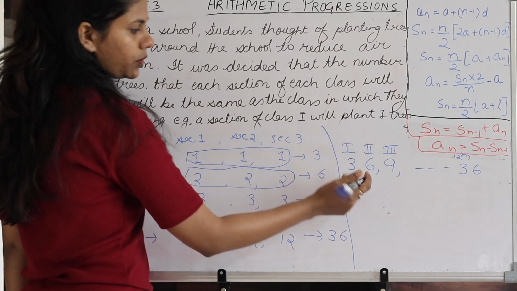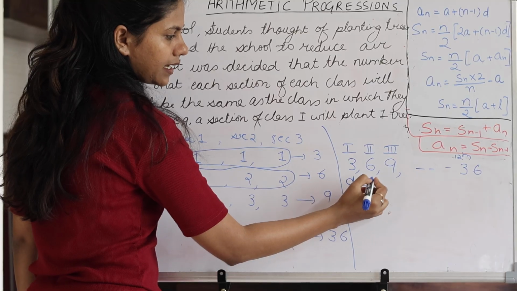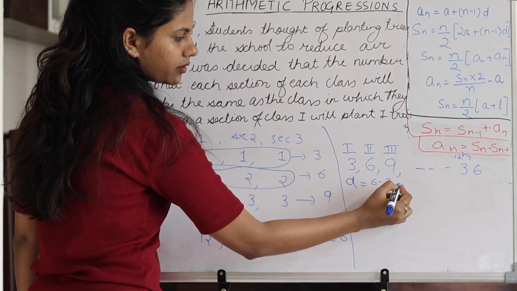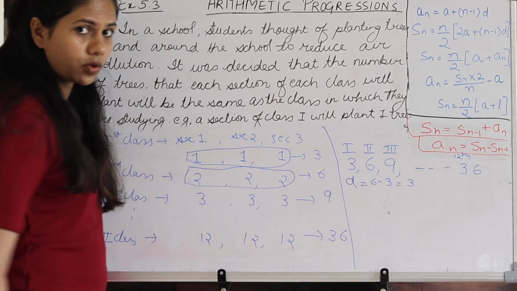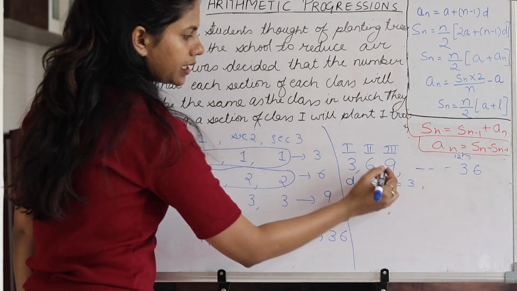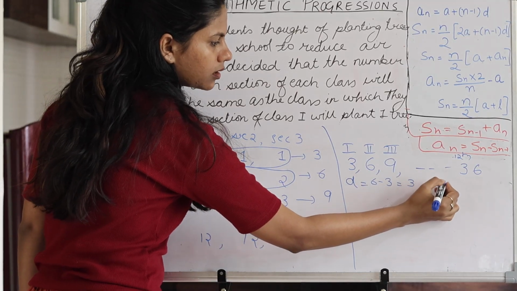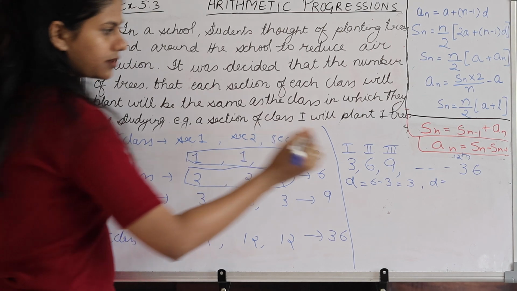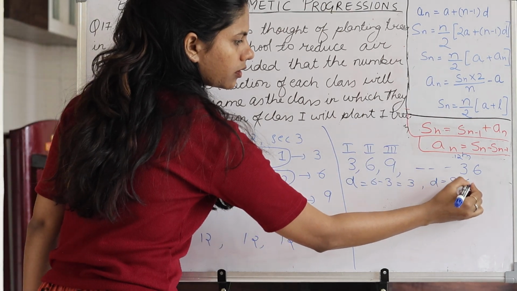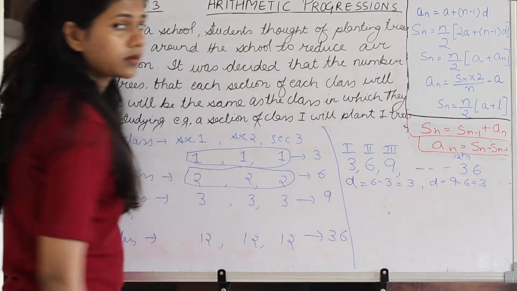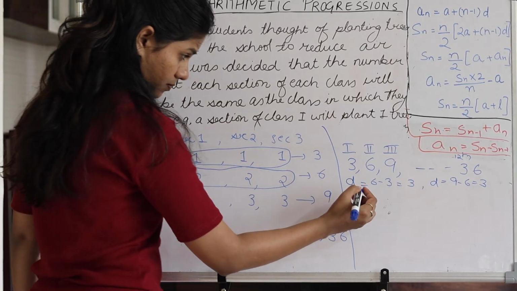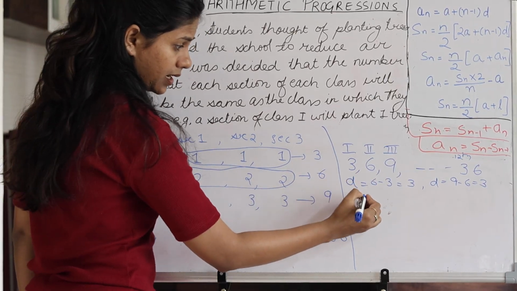Here d is 6 minus 3, which is 3. Here d will be 9 minus 6, which is 3.